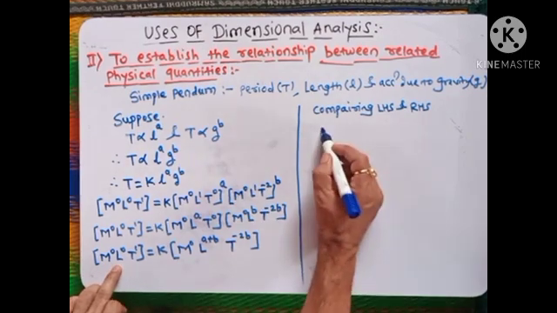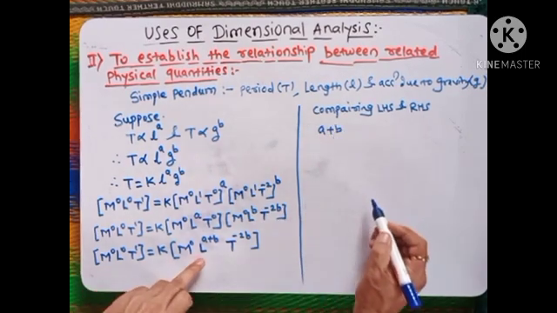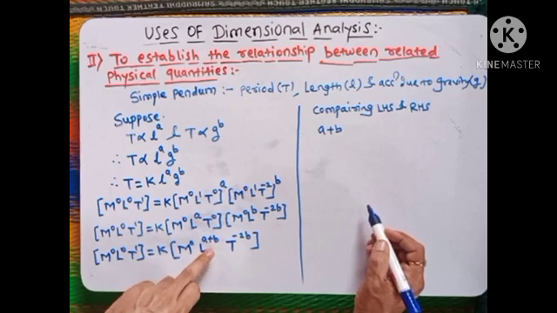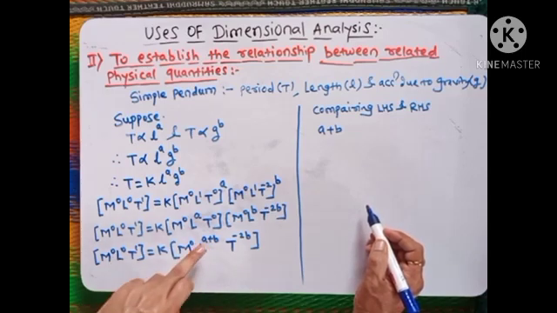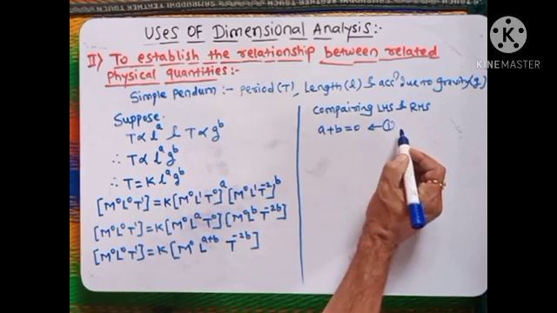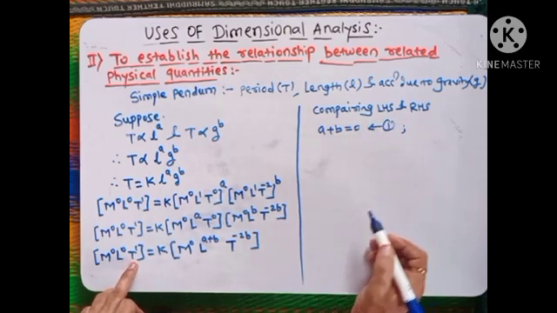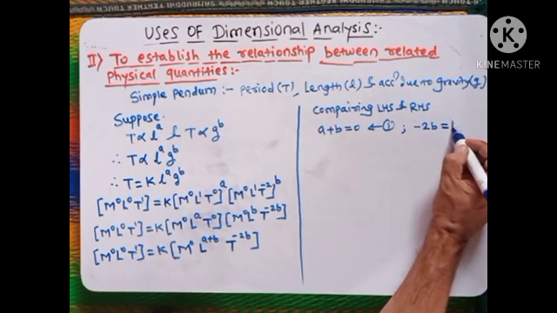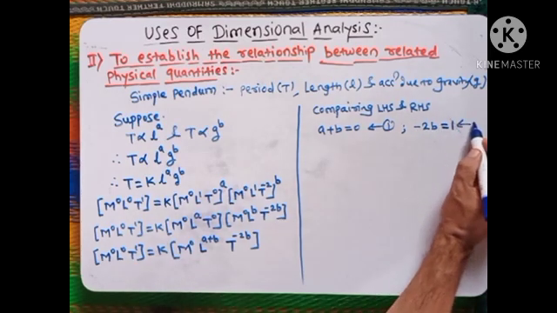A plus B, this is the power of L on the right hand side, L raised to A plus B, and here L raised to 0. Therefore A plus B is equal to 0. This is our first equation. And for T, see here, minus 2B equal to 1. This is the second equation.